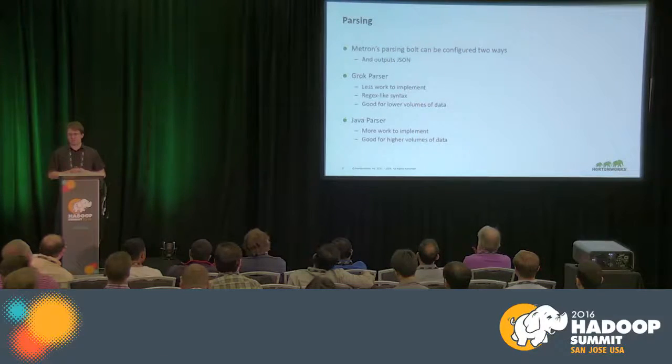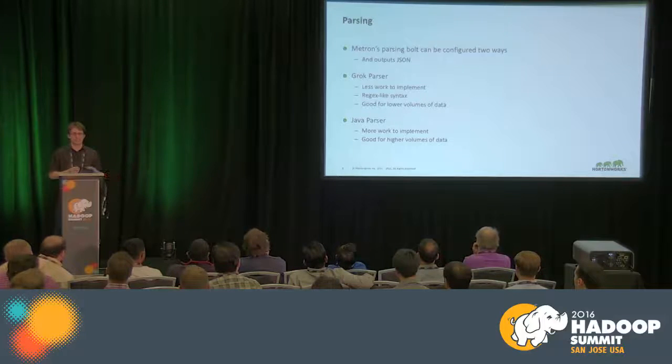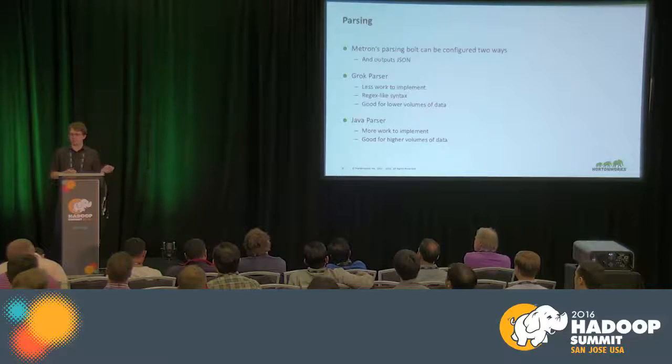So in terms of parsing, there are basically two ways we can configure these. The old regime was basically you had to build a Java parser for everything. You had to pass these things through a Java parser. Now there is a Grok parser available. This is basically a regex-like syntax. This is going to be a lot easier to quickly spin something up and see how things work.